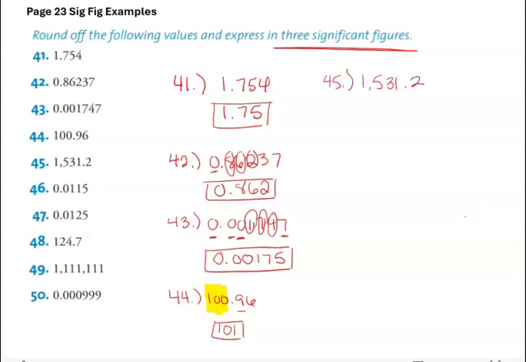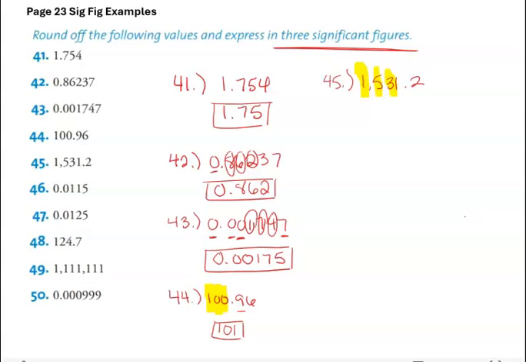In problem 45, we have 1,531.2. And again, we're trying to round to three significant figures. We don't have any zeros to worry about, so our first three numbers are going to be our significant numbers. We're going to have 1, 5, and 3 that are significant. But we can't forget that we're dealing with a number that's in the thousands.